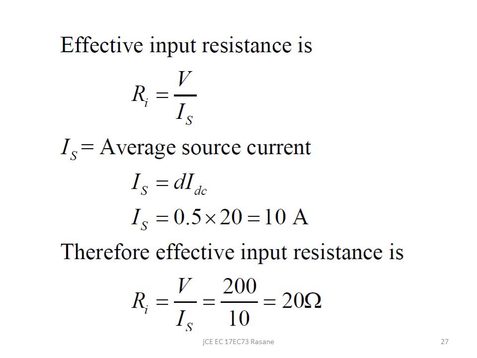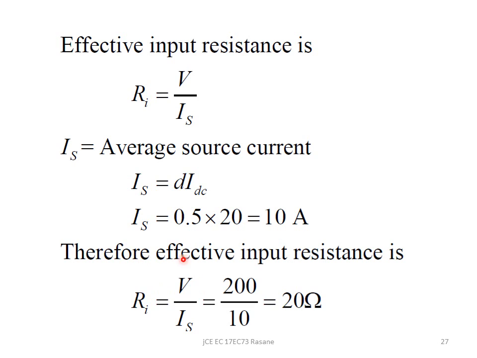Then coming to the effective input resistance, we have Ri equal to V by Is. We know this is the source current, and the source current is nothing but the average source current, which is equal to D into IDC. For that, let us evaluate IDC. It is the duty cycle into the load current. We know I naught as 20, so D into that equals 10 amperes.